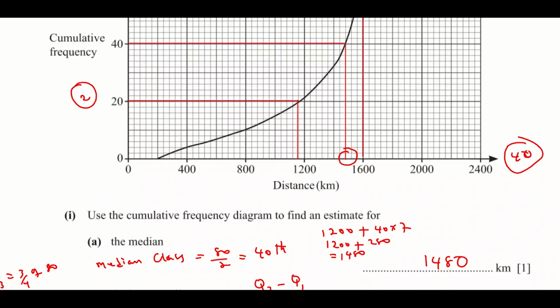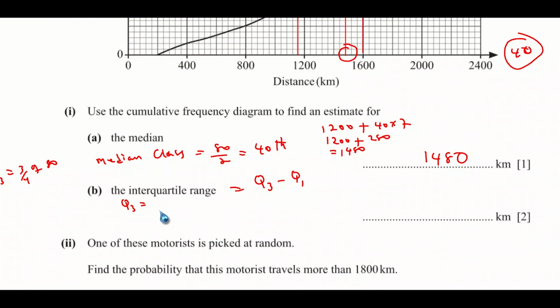So that is how to get that. Q3 is equal to 1,600, and Q1 will be, just like what I told you, 800 plus 40, that's the value of a line, times 9.